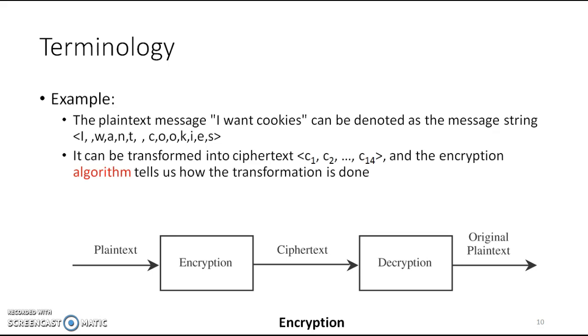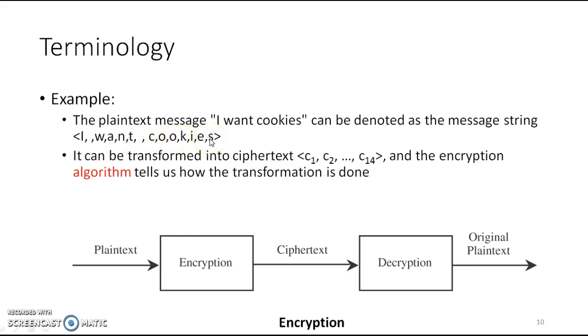So it can be transformed into the ciphertext like C1, C2, C3, up to C14. How many characters do we have? If you count it, 1, 2, 3, up to 14.